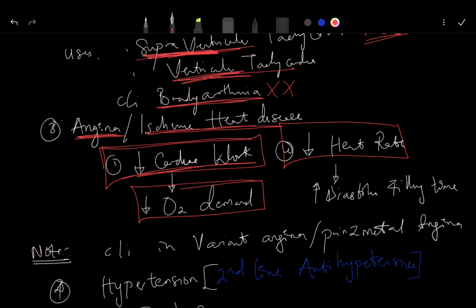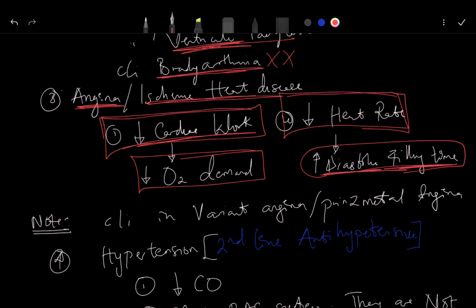Now, also, if you decrease the heart rate, it is going to increase the diastolic time. And you know, the heart normally feeds during diastole, so enough blood supply will be reaching the heart.